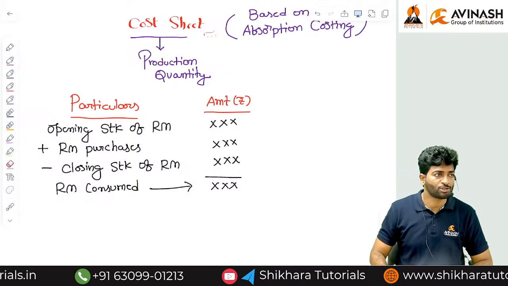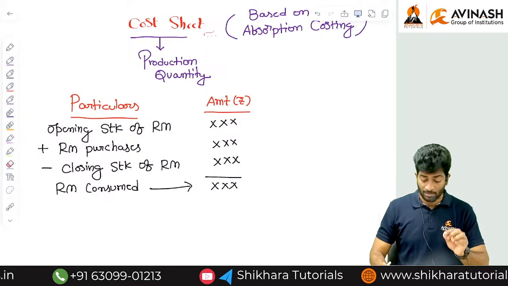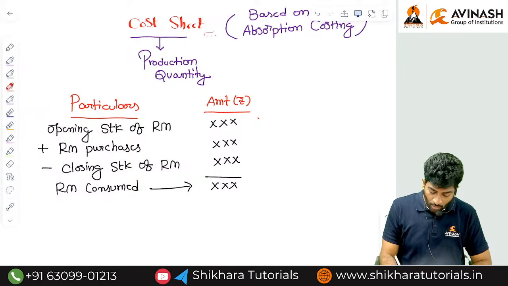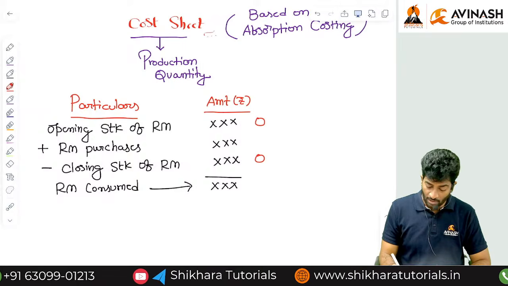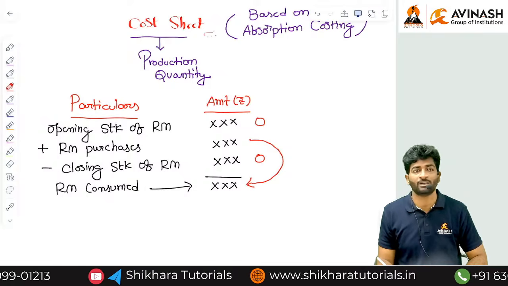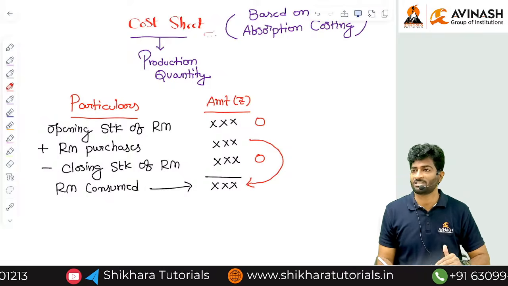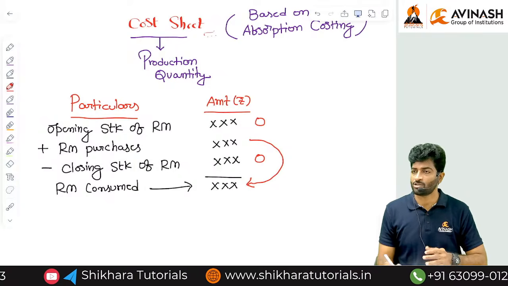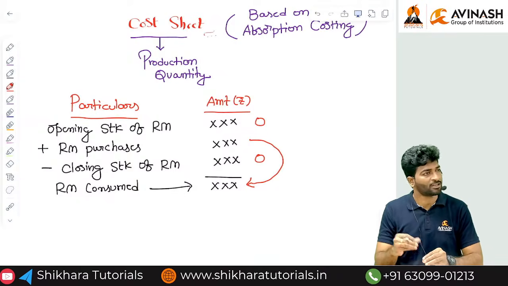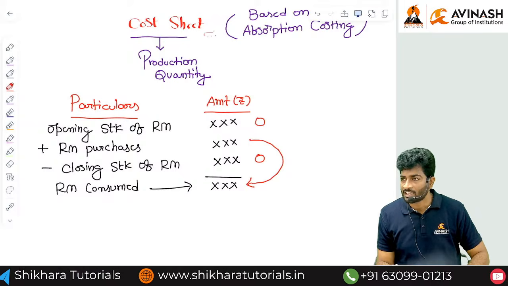Say for suppose, if opening stock is 0 and closing stock is also 0, can I say the same number is going to repeat here as raw material consumed? In such a case, can I say purchase is equal to consumption? Because if you purchase 1 lakh, at the end of the period it is 0, which means the entire 1 lakh is consumed for production. Is it clear?